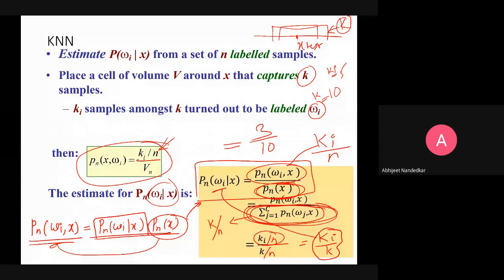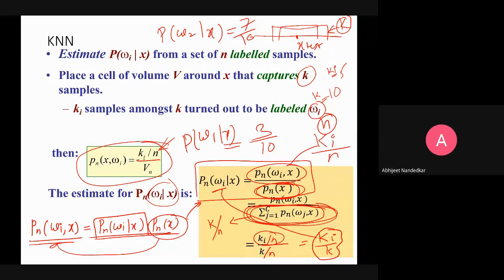Remember, n is not relevant now; within the domain of k samples near x, that is 10, suppose 3 are omega 1 samples, then your probability of omega 1 given x is 3 by 10. Obviously out of 10 the remaining 7 belong to class 2, so your probability of omega 2 given x is 7 by 10.